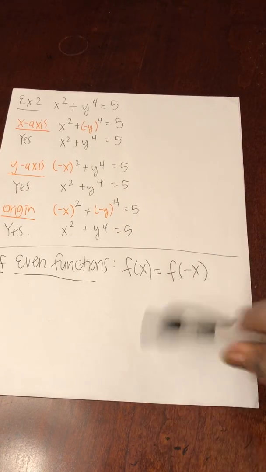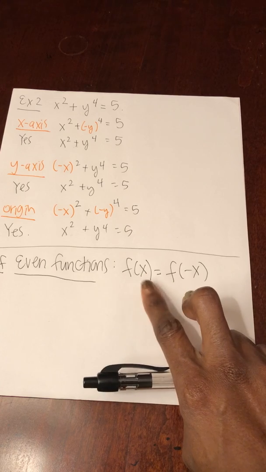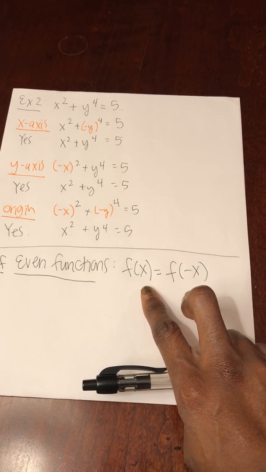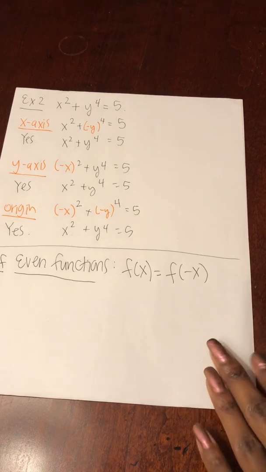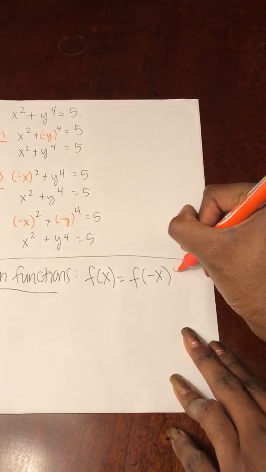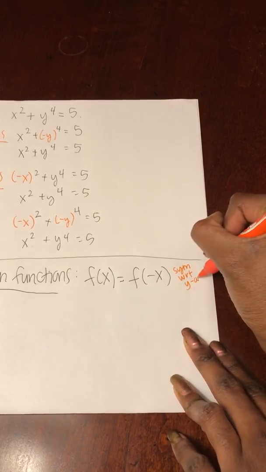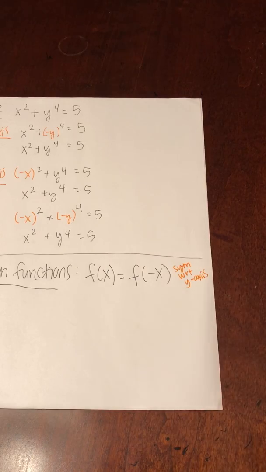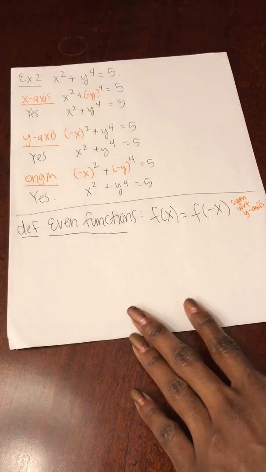So if we're looking at this, what's the difference between the left-hand side and the right-hand side? The only thing that's changed is our x became our negative x, right? So this is also going to be symmetric with respect to the y-axis, okay? So if it's symmetric with respect to the y-axis, it's also going to be an even function, okay?